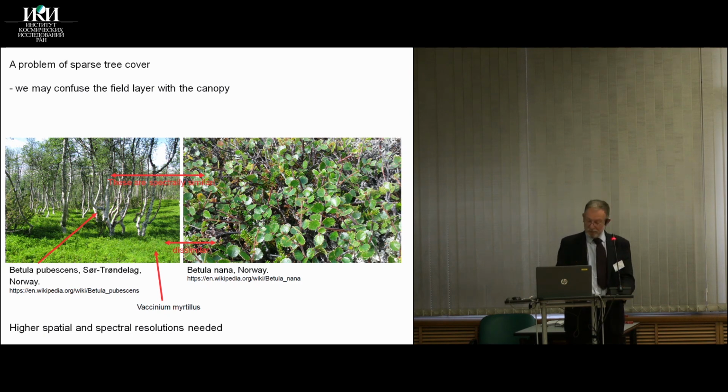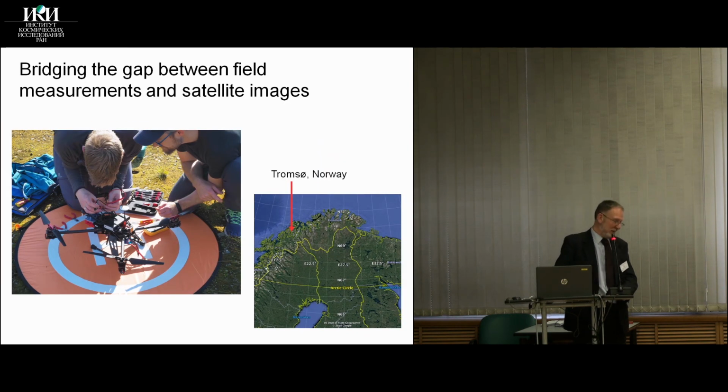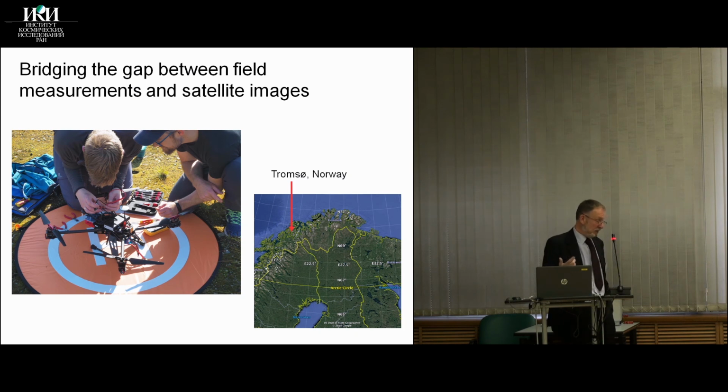So, I wonder if I can jump, yes, okay, I can make this my last slide. How do we bridge the gap between field measurements and satellite images? I think the answer right now, or a big part of the answer, is drones, unmanned aerial vehicles.